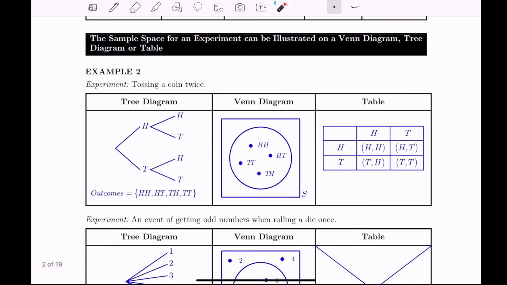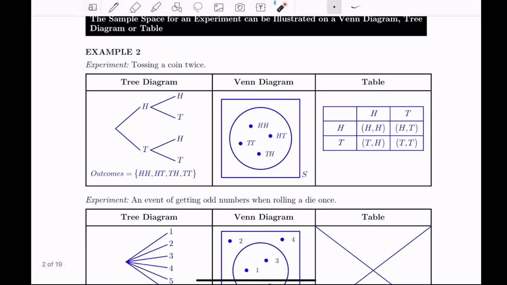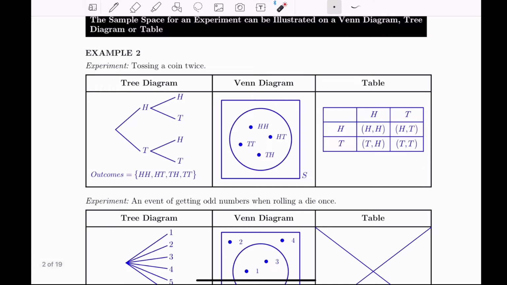Okay, the sample space for an experiment can be illustrated on a Venn diagram, tree diagram, or a table. So for example 2, the experiment is tossing a coin twice. When we talk about a tree diagram, it must start from the same beginning. So it starts from here. The possible outcomes are either we get a head or we get a tail. But that is just for the first toss. So we have to toss the coin twice.